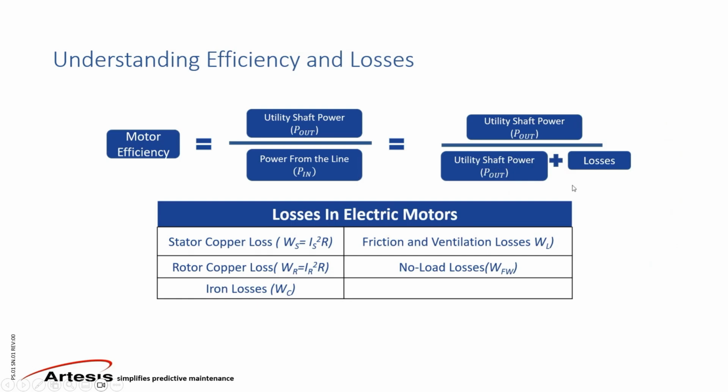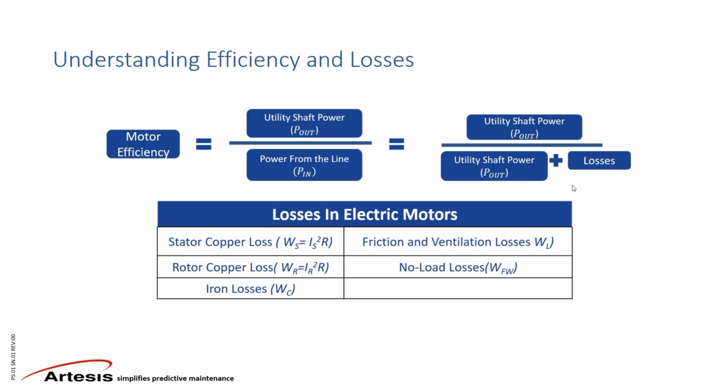So what happens to the energy when it's converted from electrical to mechanical? You get the output speed. But since the system can never be 100% efficient, you're losing energy. What happens to that energy? It actually turns into heat. That becomes copper losses, stator or rotor copper losses, or iron losses, or losses due to improper ventilation.